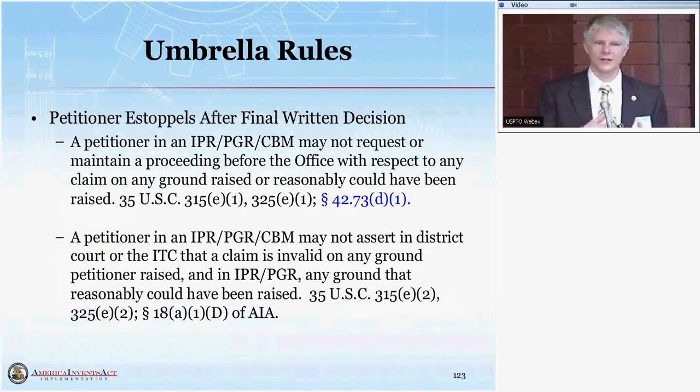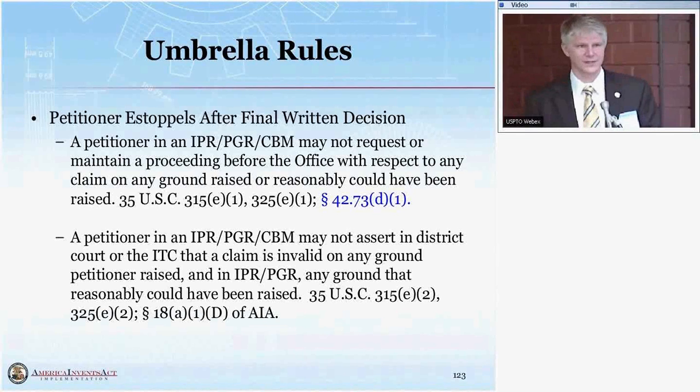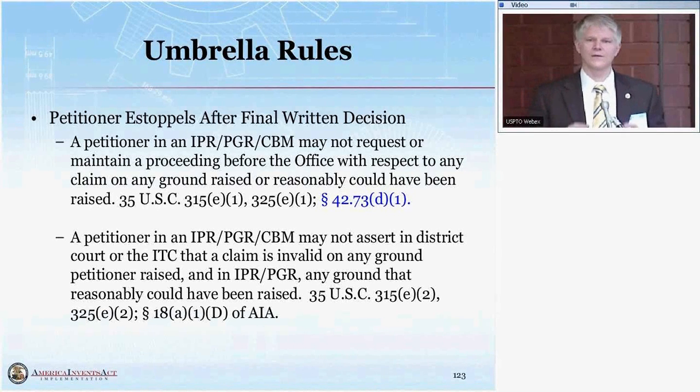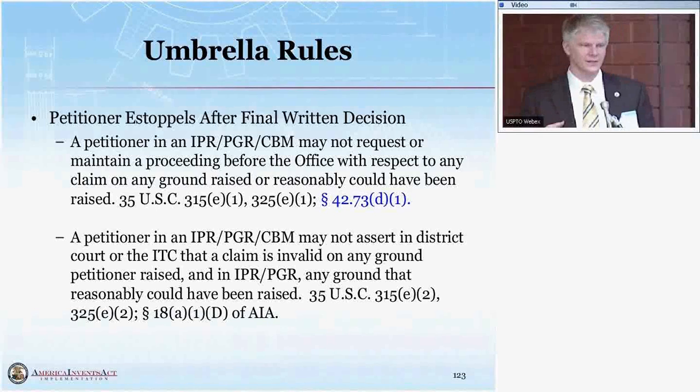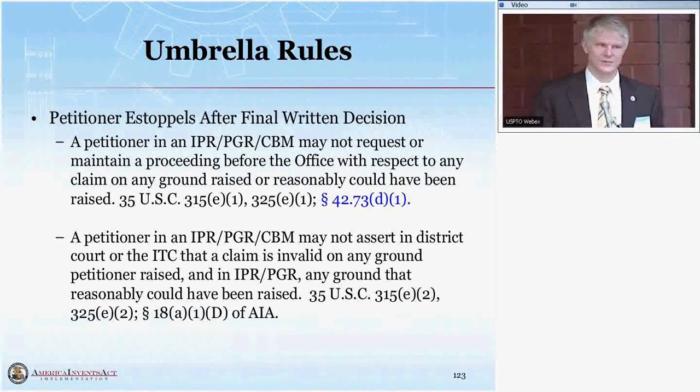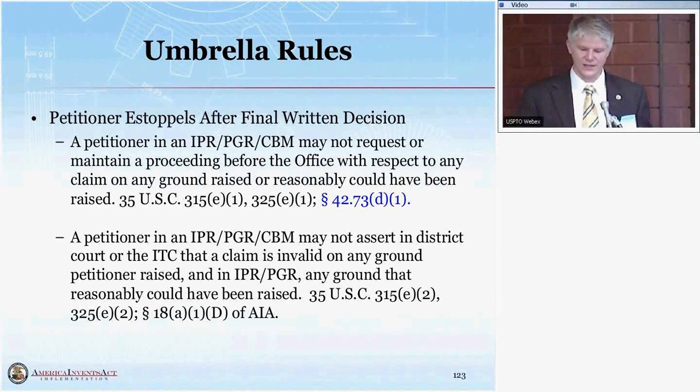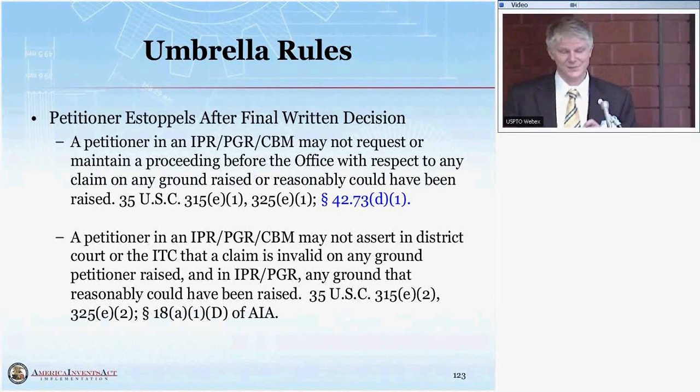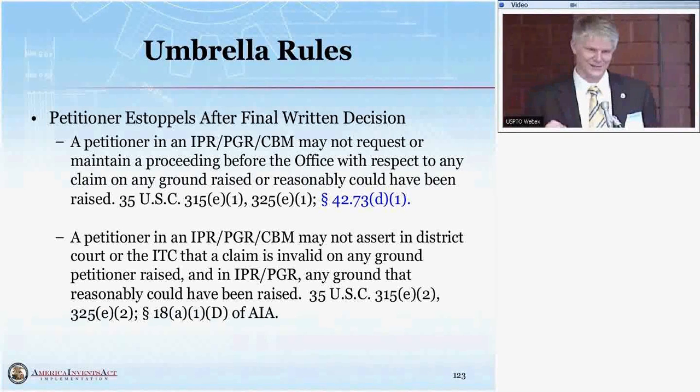So if you're challenging a claim and it's in the review, in the trial, and let's say the case doesn't go your way, for those claims in IPR, PGR, and CBM, you would not then be able to come back before the office and raise the same issues or those issues that reasonably could have been raised. Similarly, in district court or in the ITC, you couldn't raise issues that reasonably could have been raised during the proceeding before the district court.